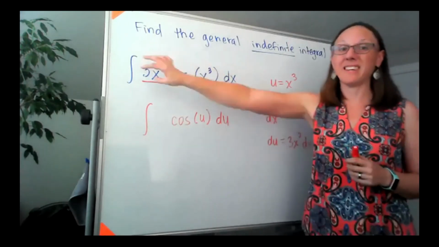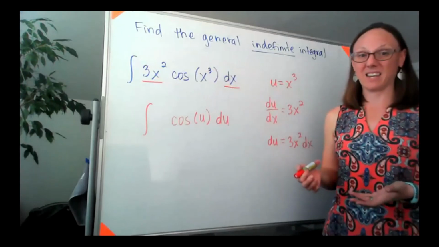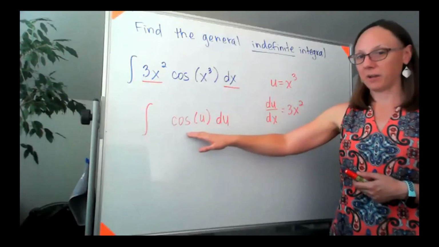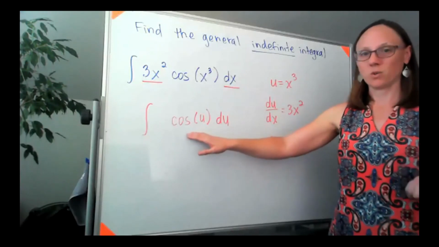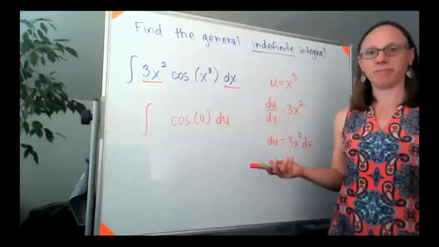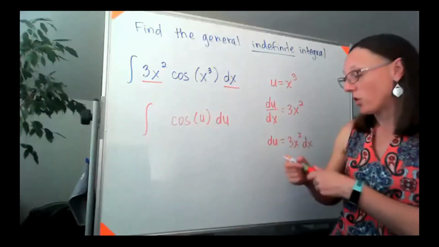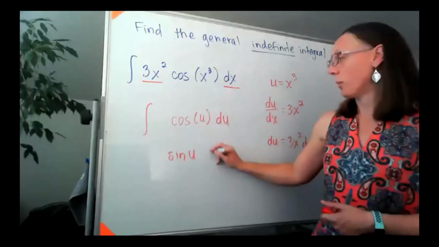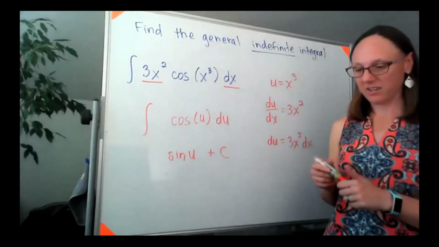Now, instead of this integral that looked really messy, I instead have this integral that I can probably figure out. Whose derivative is cosine? Sine. So I'm going to find that antiderivative and get sine of u plus a constant.